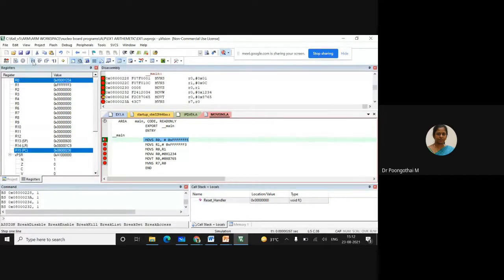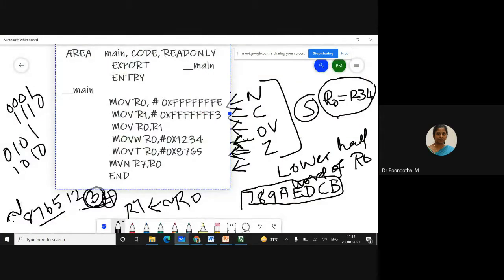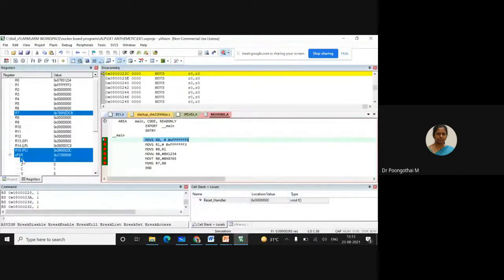After that, I'm moving next 1234 and 8765 with move top. So now look here. I'm taking the inverse of this particular value. So this is the value. So this number is a positive number, so your flag is cleared in the APSR register. Is that clear, students?